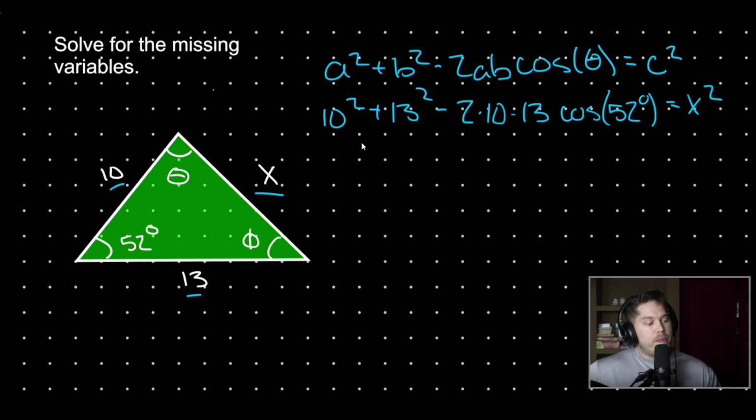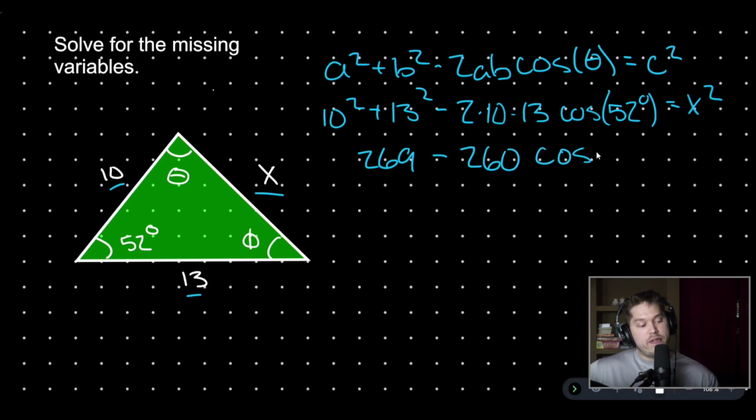So we have 100 plus 169, that's 269, minus 2 times 13 is 26, times 10 is 260, so minus 260 times the cosine of 52, and this is equal to x squared. And then of course we'll take the square root of this in order to have x.